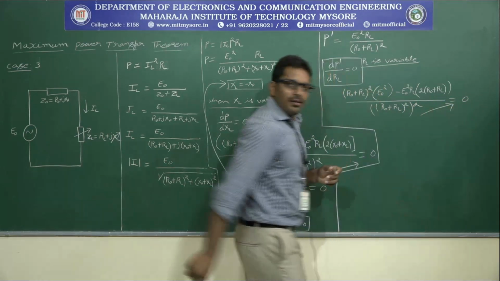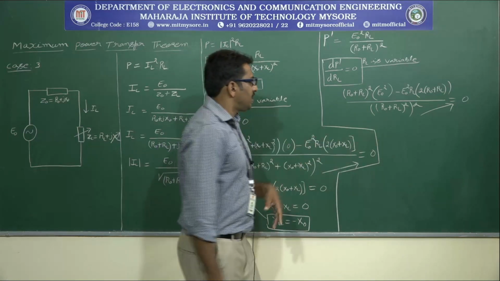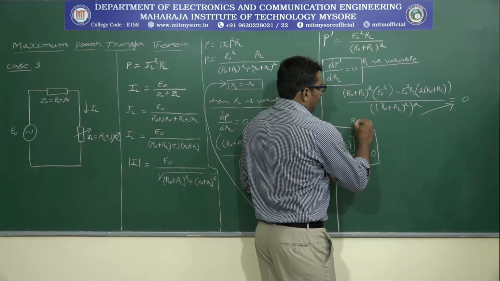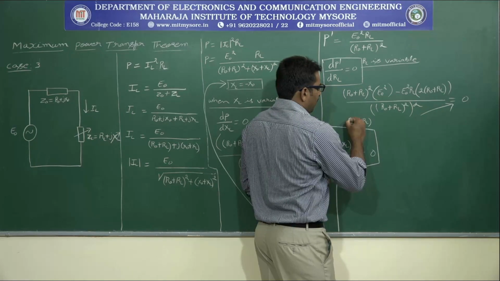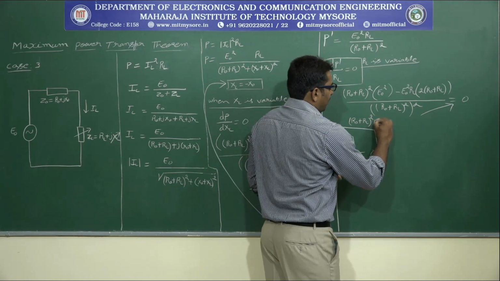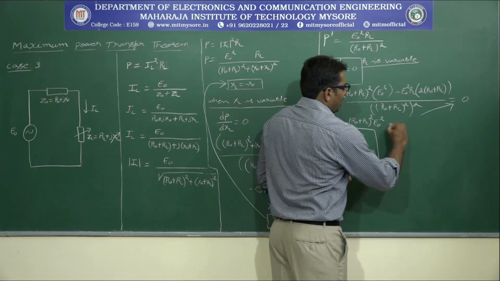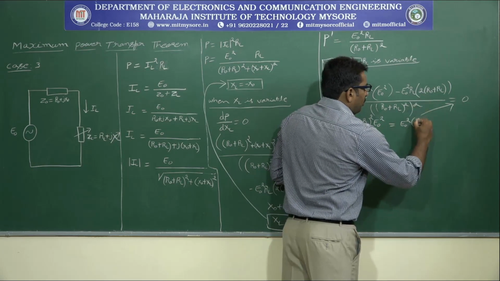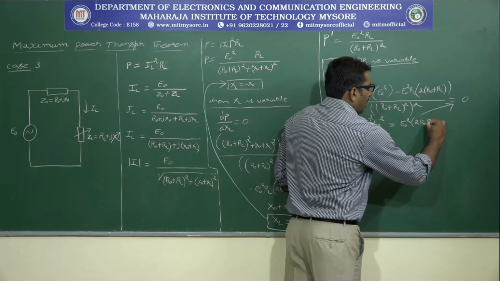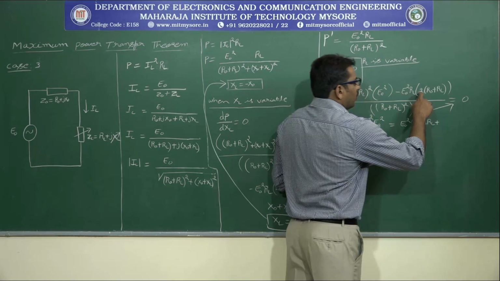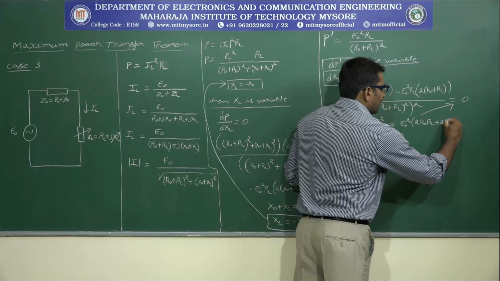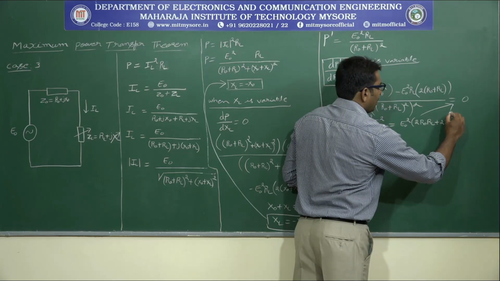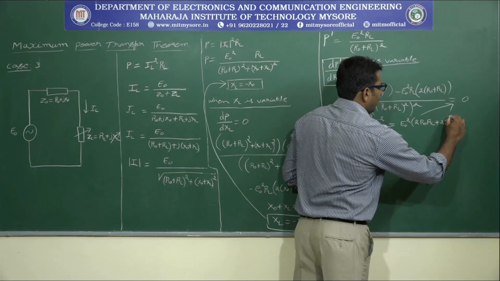Just cross multiply, the denominator becomes 0, then remaining: (R naught plus RL) squared into E naught squared is equal to E naught squared into (2 R naught RL plus 2 RL squared). It is the same as the case 1 derivation.